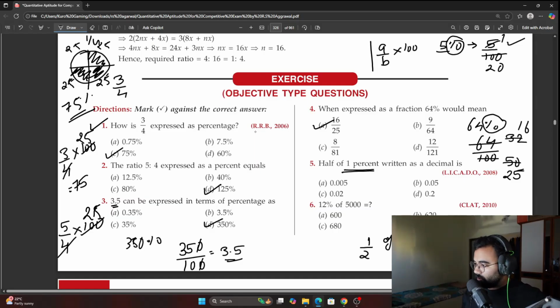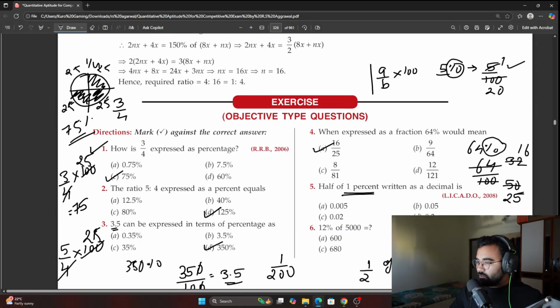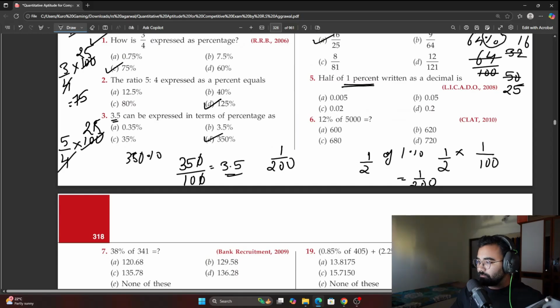I can be wrong, but it's highly unlikely. 1 upon 200. But I think there will be cameras over here. 1 upon 200. I hope this question is visible to you. So half of 1% is written as a decimal.